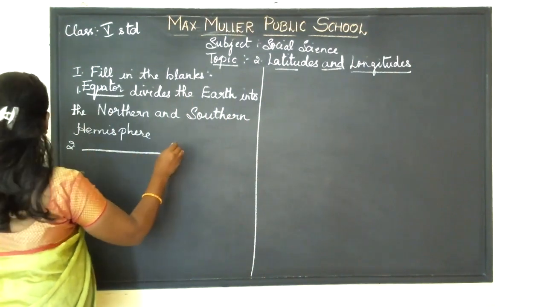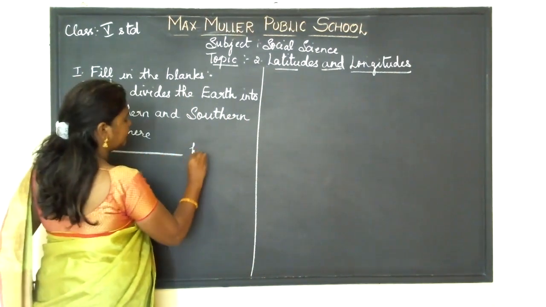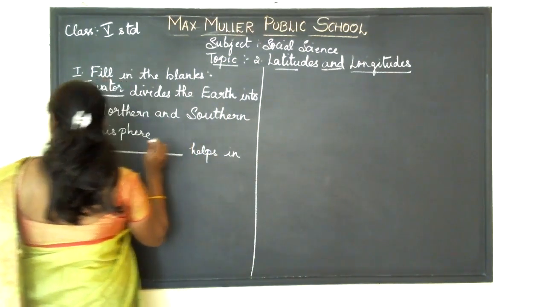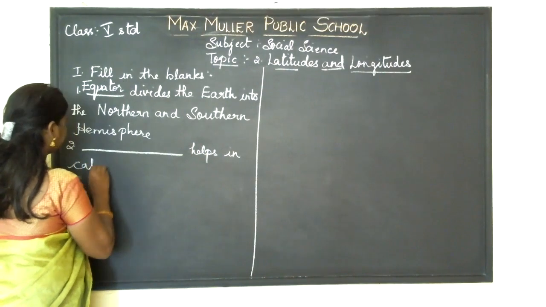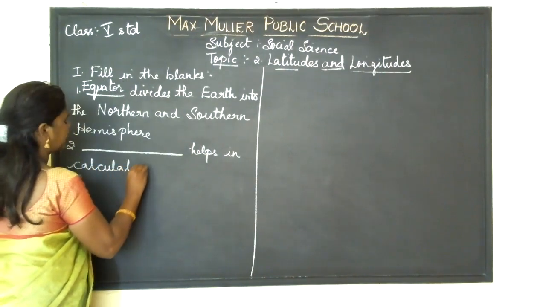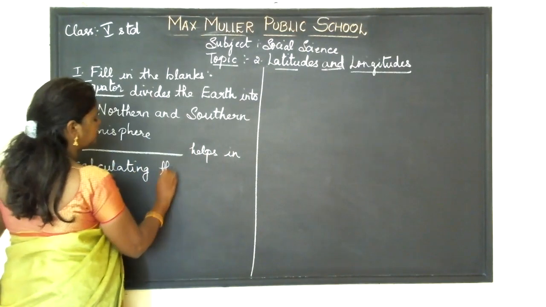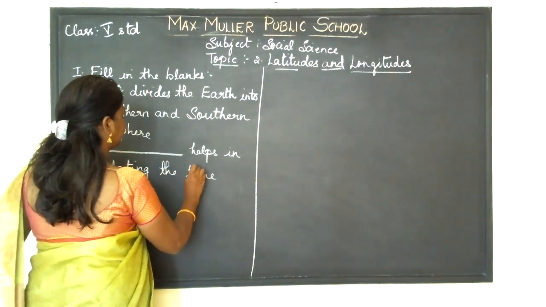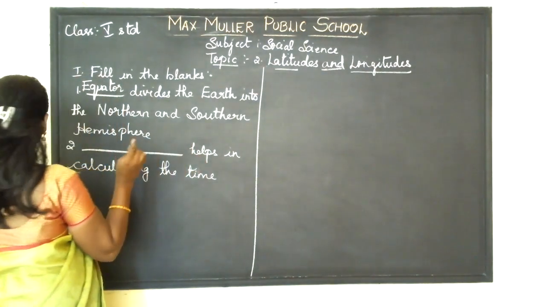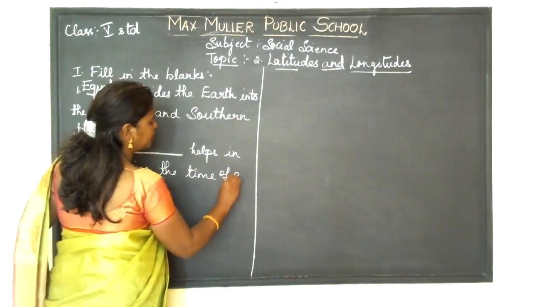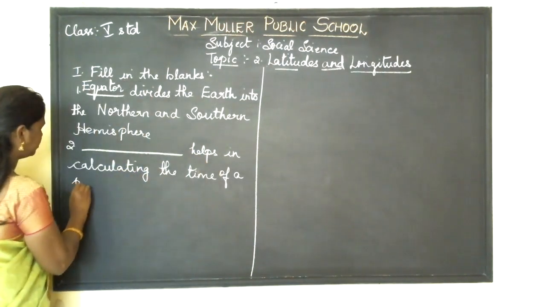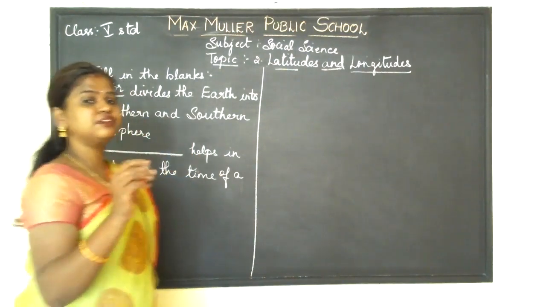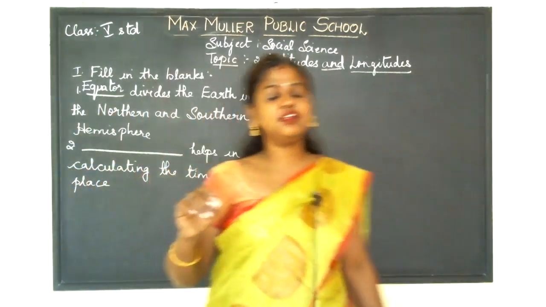The second one: dash helps in calculating the time of a place. The thing we just learned in longitude.